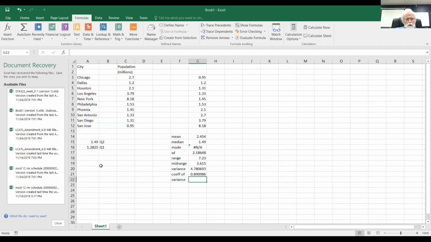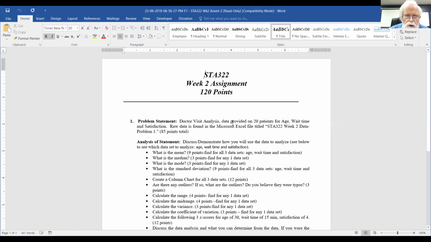Anyway, this is the kind of calculation you will be doing in this week's assignment. So let's go back and look at the assignment sheet again.